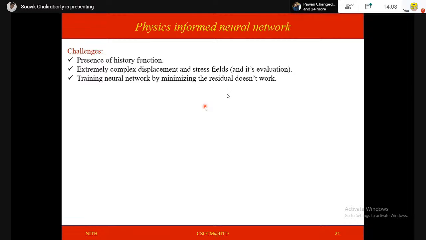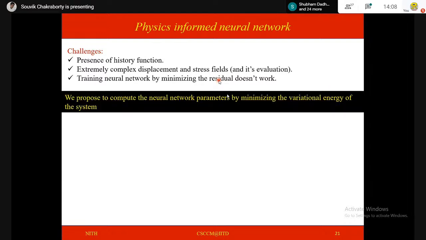Second, there is discontinuity. We are removing the discontinuity by bringing phase field, but still the displacement and stress field is extremely complex. So what is happening is when you are trying to minimize the residual, neural network is not converging. So minimizing the residual R did not work for fracture mechanics problem, at least for us.